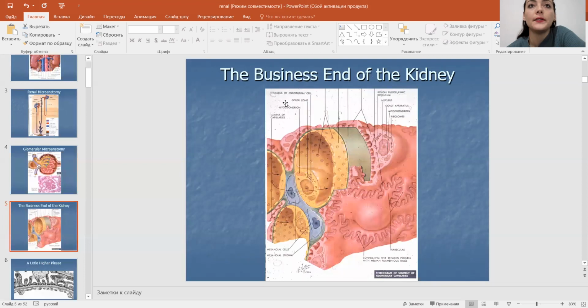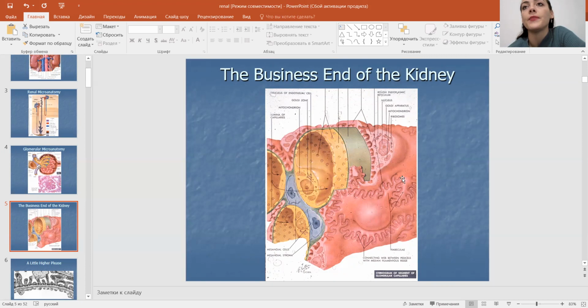Next, on our slide, you can see the kidney. You can see the nucleus of the endothelial cells, so it is endothelial cells. There is fenestration. You can see also podocytes.